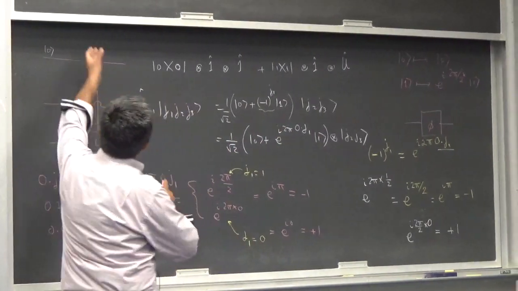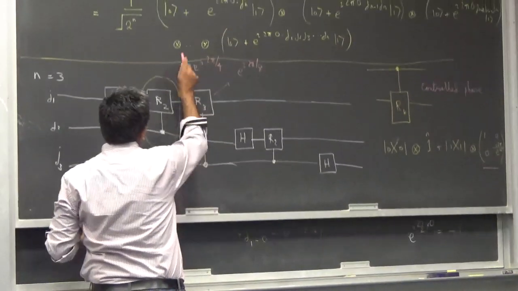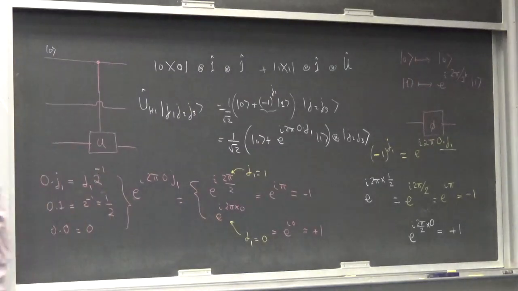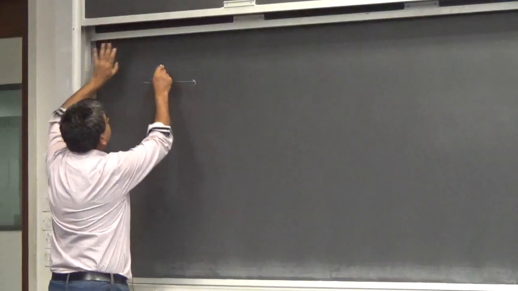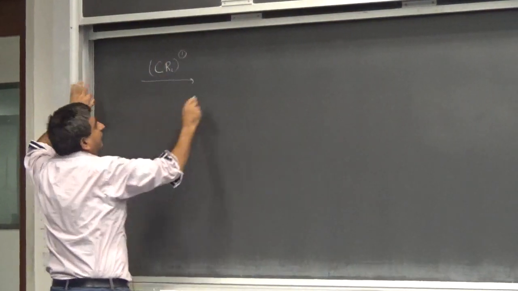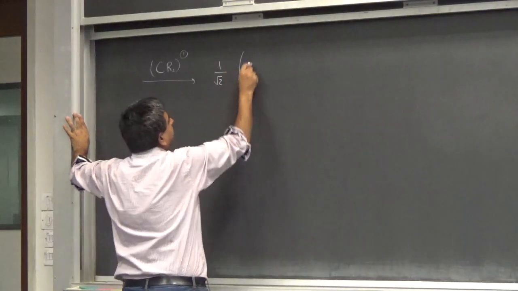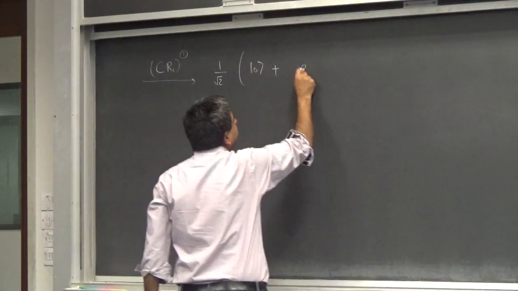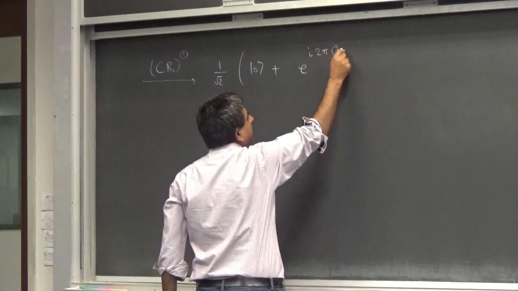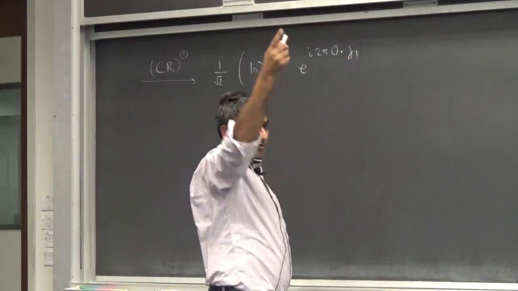So at this stage, after the first controlled R2 gate, my qubit is going to look like the following. I've already done my first Hadamard. Now I'm going to apply the controlled R2 gate on the first qubit. I'm going to get 1 over root 2, 0 plus e^(i2π 0.J1) from the first operation.